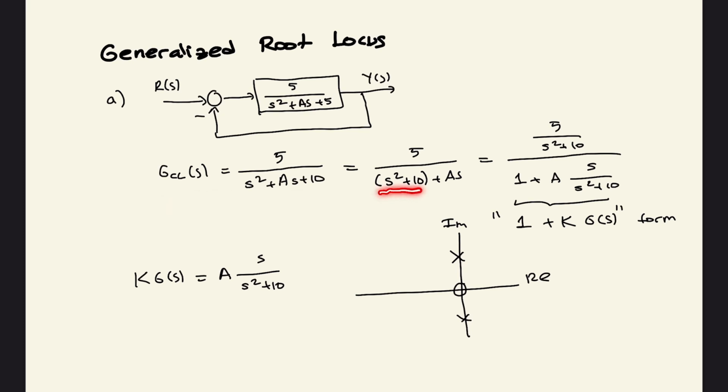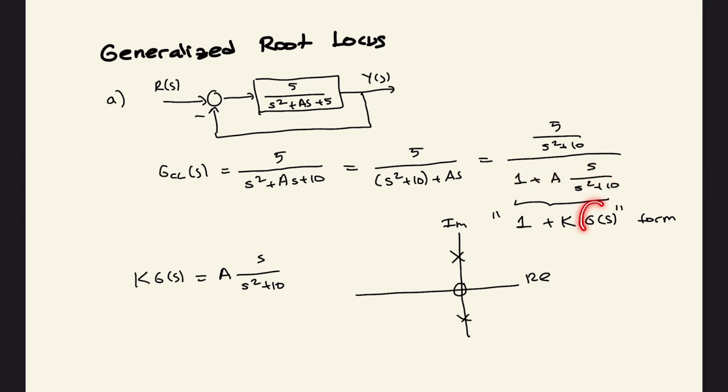Group the terms that don't depend on the parameter that you are interested in sketching the root locus for, in this case A, and the other ones that depend on A. And then divide both the numerator and the denominator by this term that doesn't depend on A, like this. If you look at this particular form, your denominator is now in 1 plus KG(s) form.